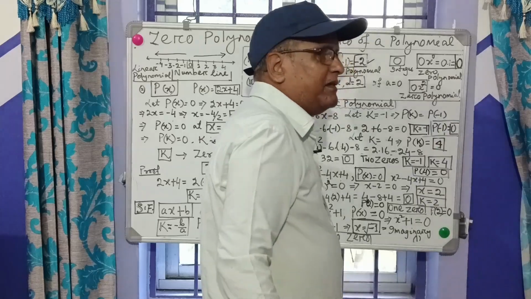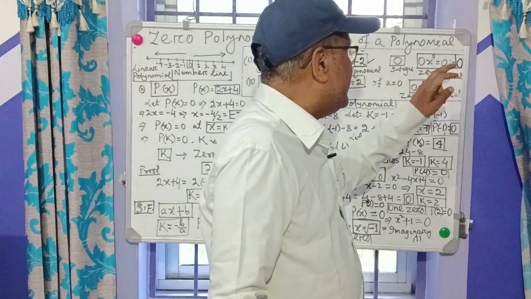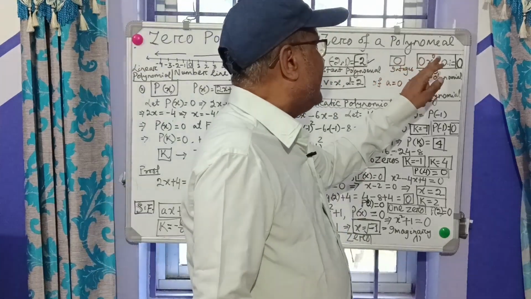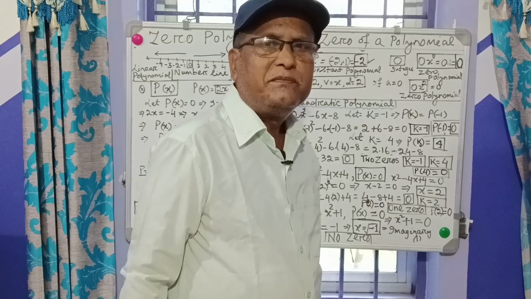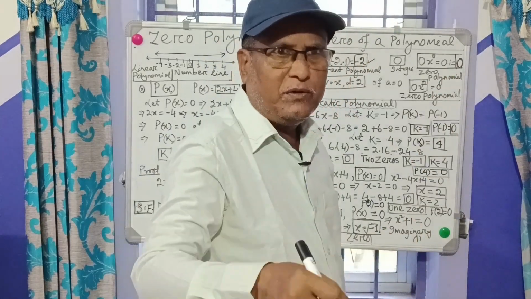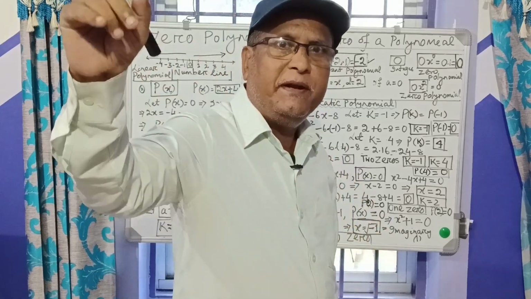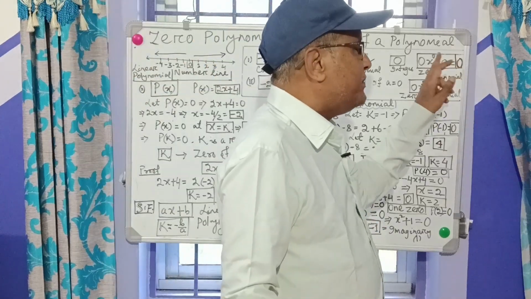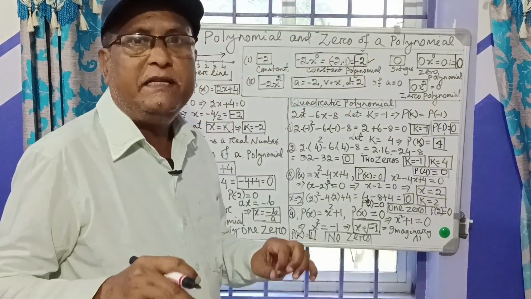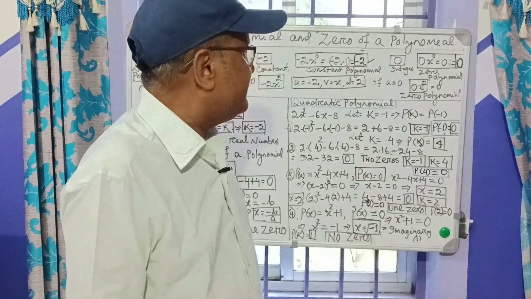So when the constant is 0, that polynomial is called the zero polynomial. But here is a question. What is the degree of a zero polynomial? For the zero polynomial, you see 0 to power 0, 0 to power 1, 0 to power 2, you go up to infinity. So the degree of a zero polynomial is not defined. This question was set in the last examination.